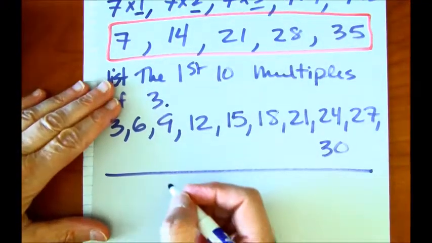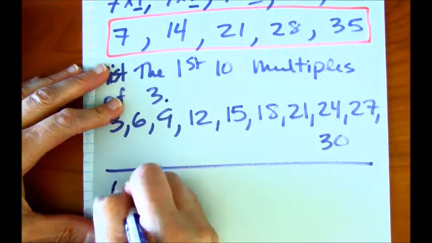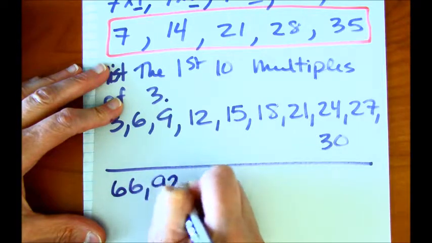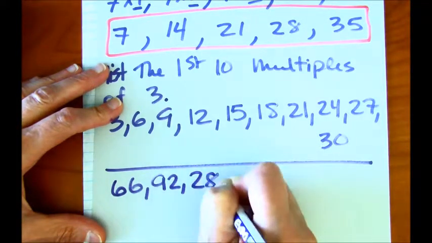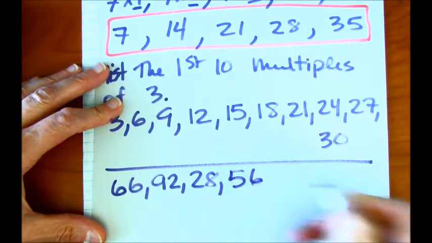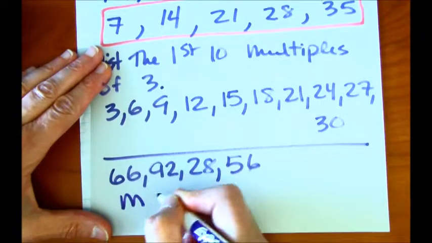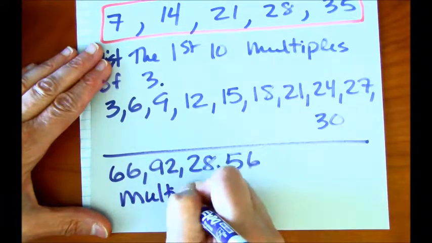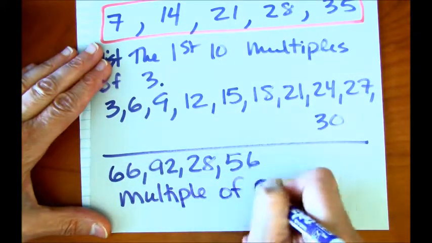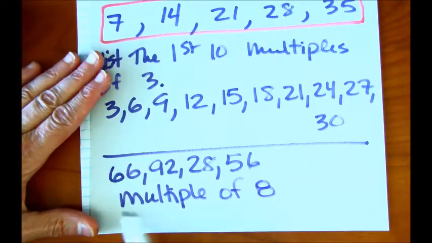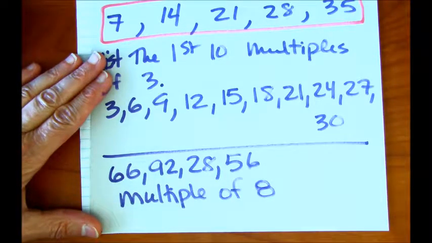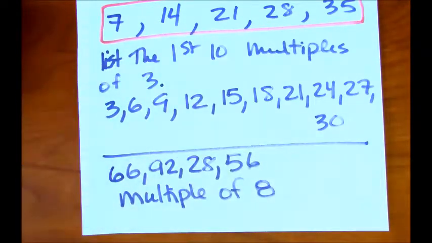So for instance, if we have 66, 92, 28, and 56, and I want to know which of these is a multiple of 8, you want to determine which of these 4 numbers is a multiple of 8. Now, if you know your multiplication tables, this is going to be super easy. You're not going to have to do a lot of thinking or writing out because you're going to know.